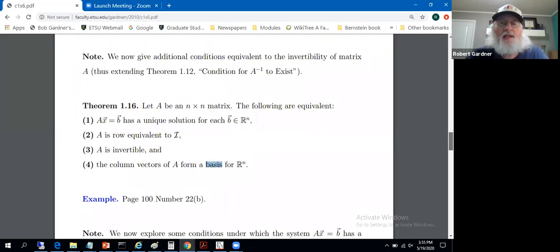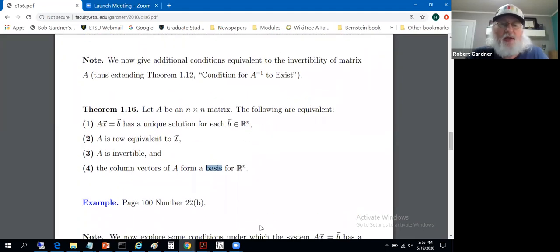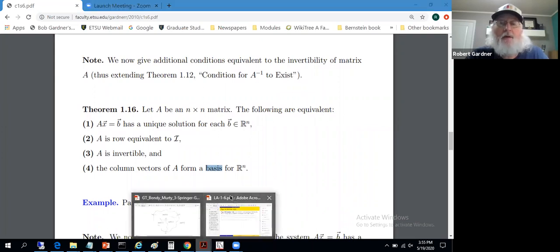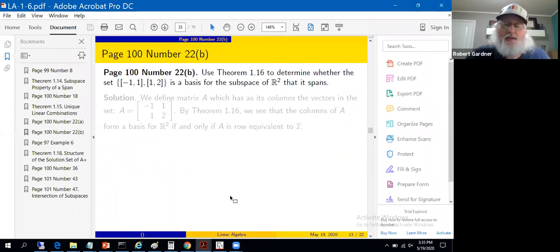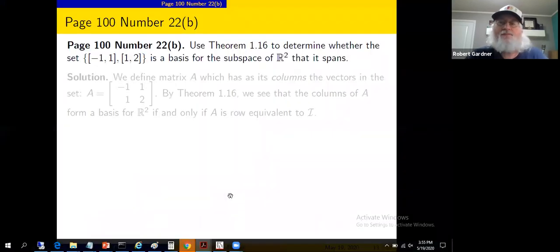Okay, let's look at page 100, number 22 again. All right, taking a slightly different angle on this.